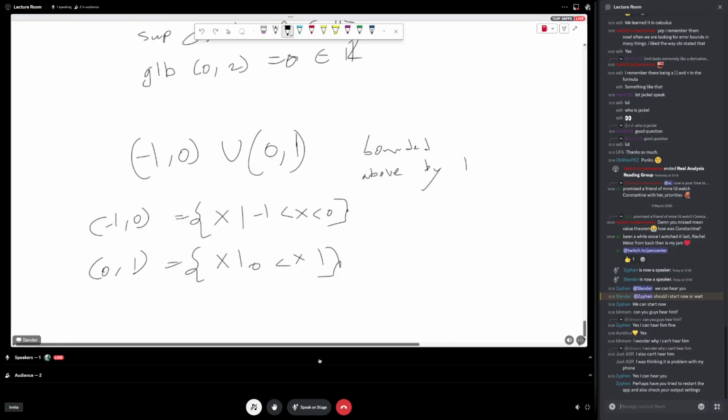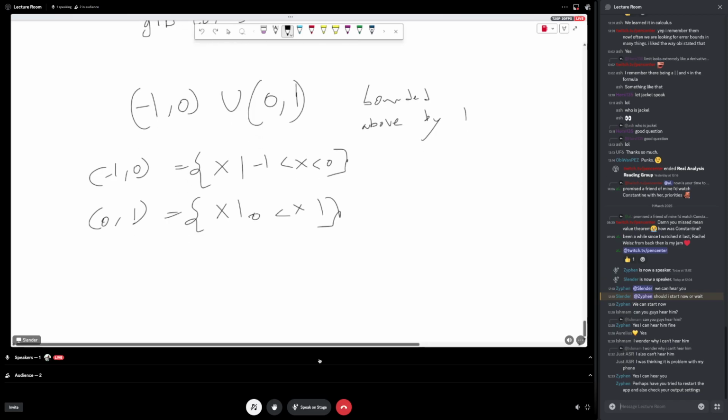Just in the first interval, we really cannot have a least upper bound, because we don't have one in this set, neither in the next set, nor in between. So this set does not have the least upper bound property. However, this open interval has the least upper bound one.